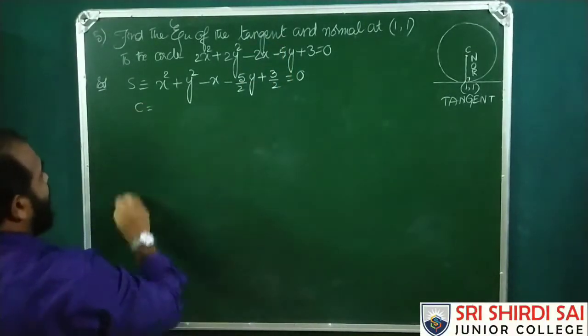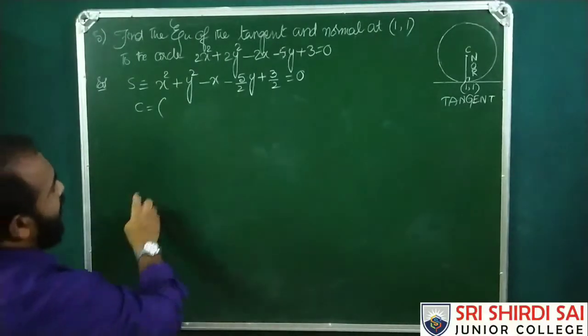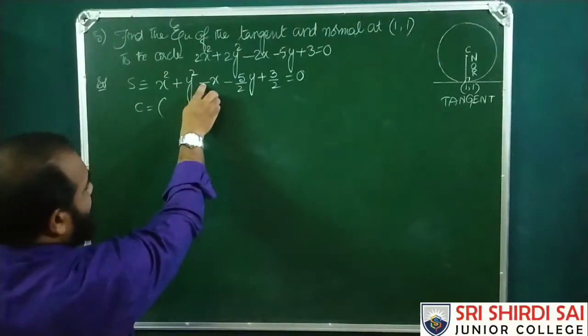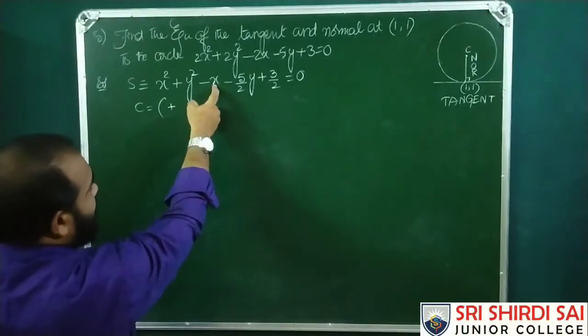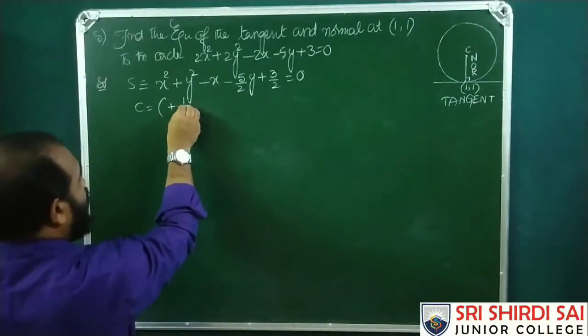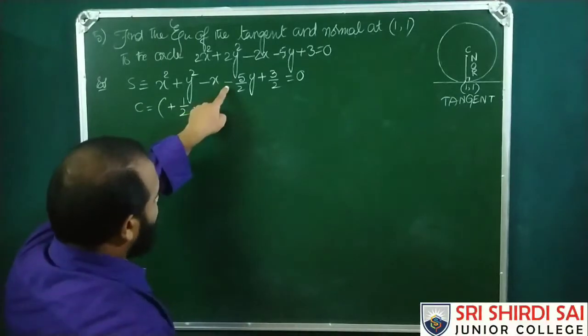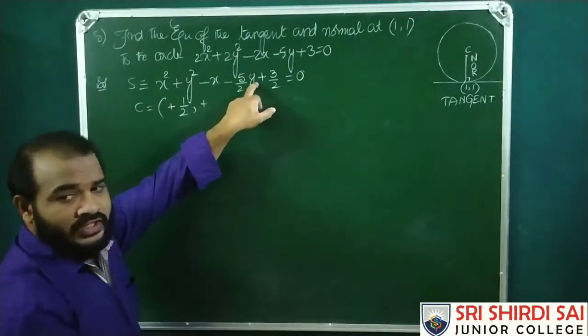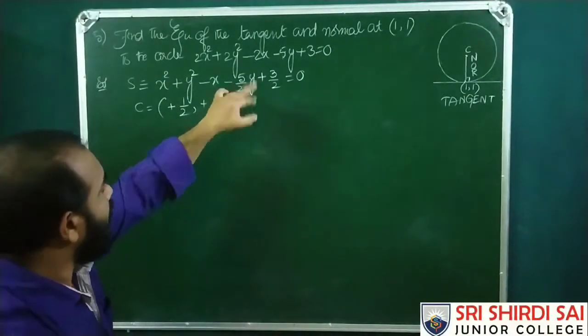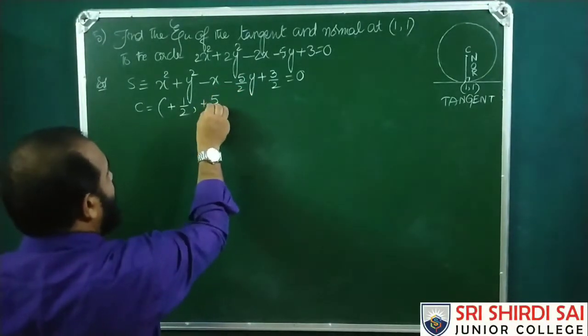So here the center is equal to (-g, -f). Here the coefficient of x is minus, change the sign, and the coefficient of x is half, so 1 by 2. For y, minus is there, you take a plus, and the coefficient of y is 5 by 2, half of it, so 5 by 4.